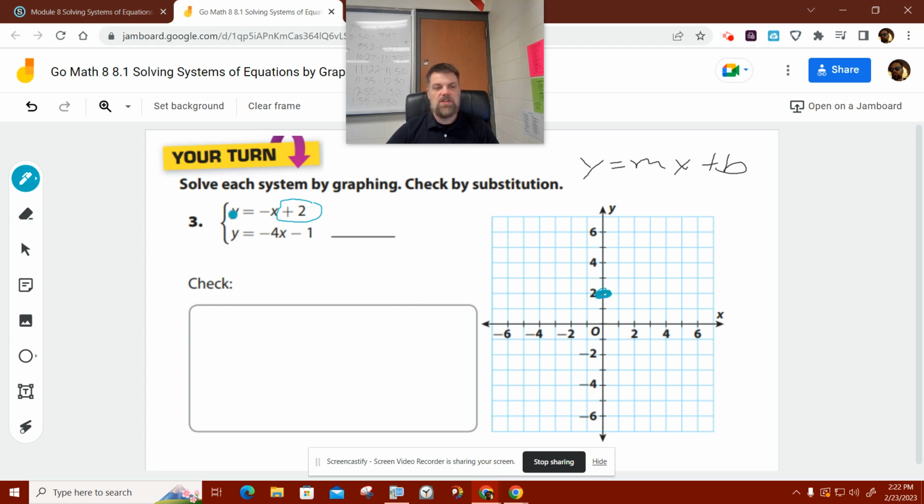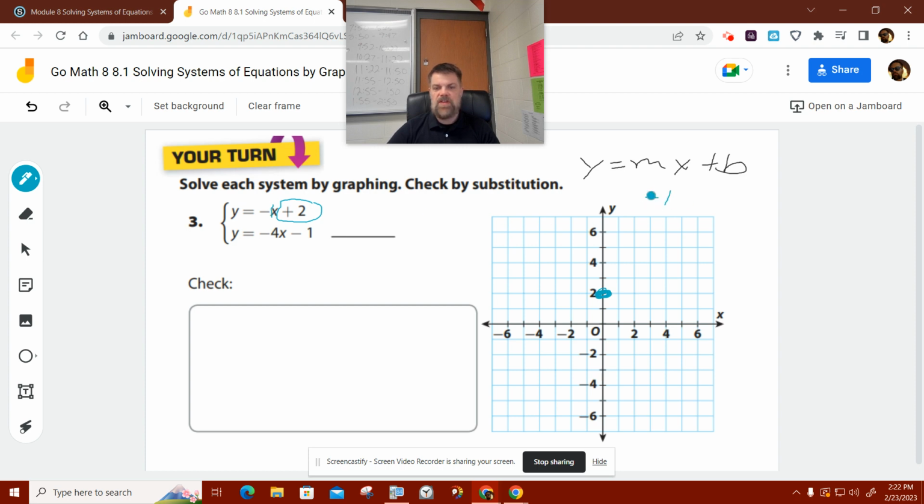Now, this next one's a little trickier. What is negative x? What's the number in front of the x? Slope, right? M is slope, right? But what is the negative? It's just a negative sign. What does that mean? It means -1. It's a -1x, right?